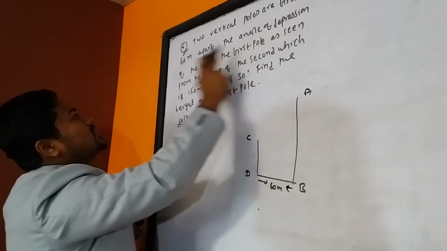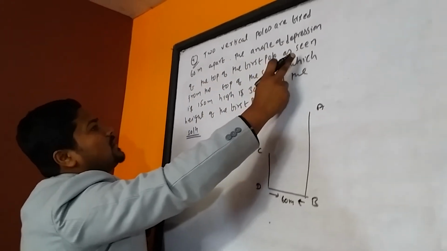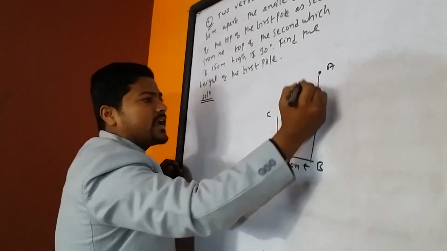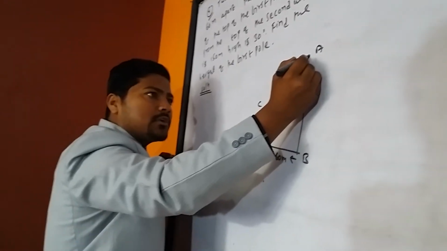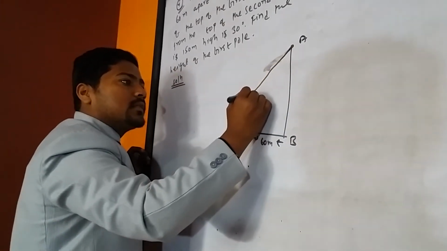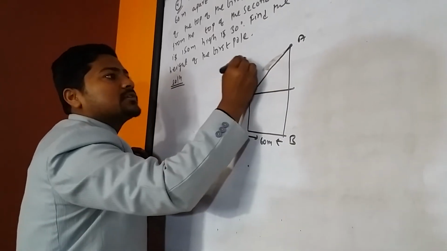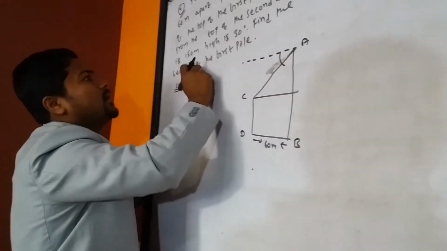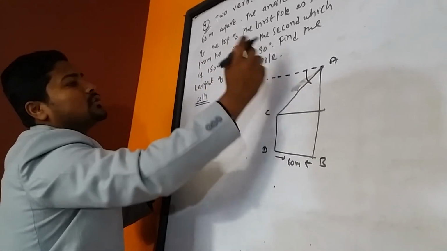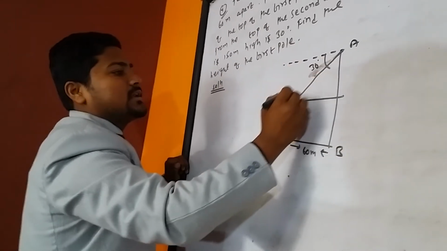The angle of depression of the top of the first pole, seen from the top of the second pole, is found to be 30 degrees. This is the 30 degree angle of depression.